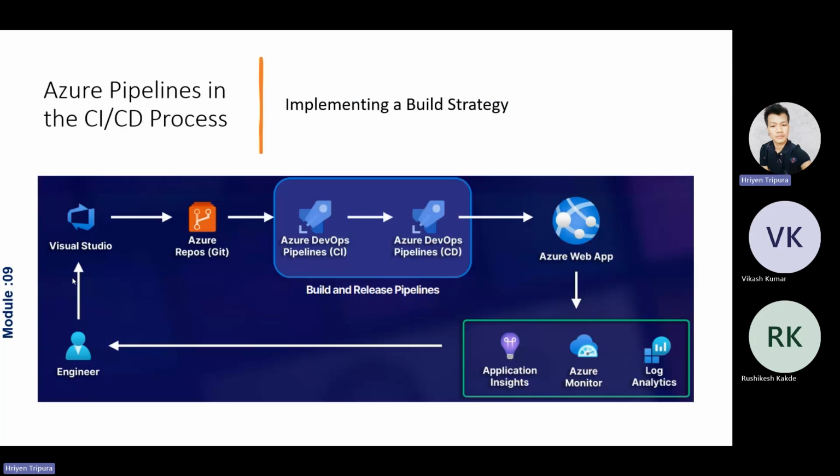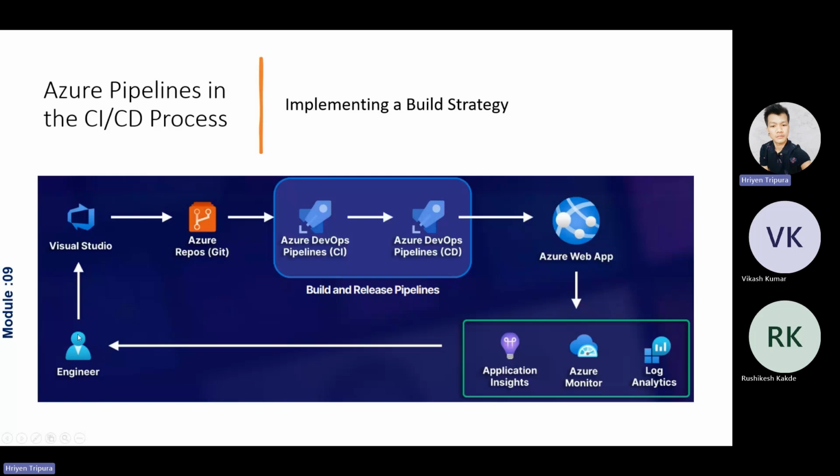As you can see here, this is Azure Pipelines in the CI/CD process. This comes under implementing a build strategy. When I say CI, it is continuous integration, and CD means continuous deployment, right? Let's say I'm talking about the CI process first.